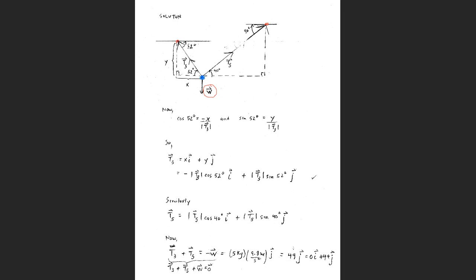Now, you'll notice that the tension 3 vector is shorter than the tension 5 vector. Why am I drawing the tension 3 vector shorter than the tension 5 vector? There's less tension in the shorter cord. Well, it has to do with the meters.